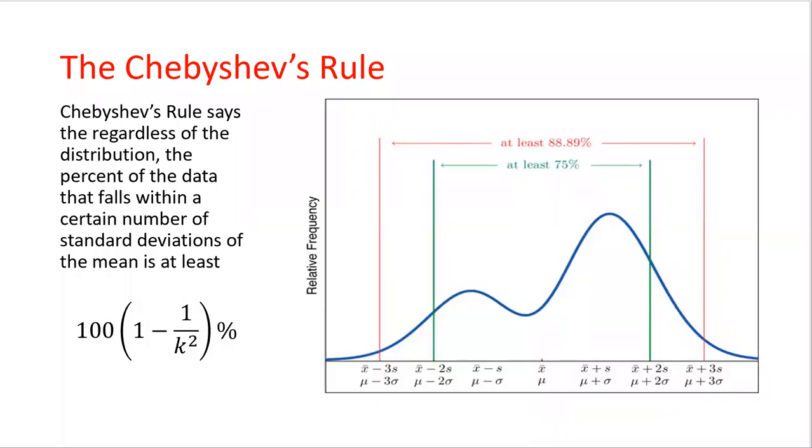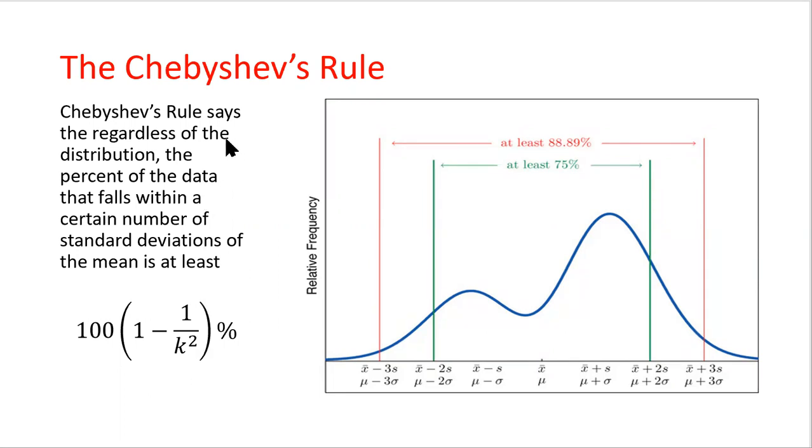And here's Chebyshev's rule in its entirety. Not only could we figure out the percentage within one, two, or three standard deviations away from the mean, we can figure out the percentage of data using any number of standard deviations, like 1.5, 0.6.